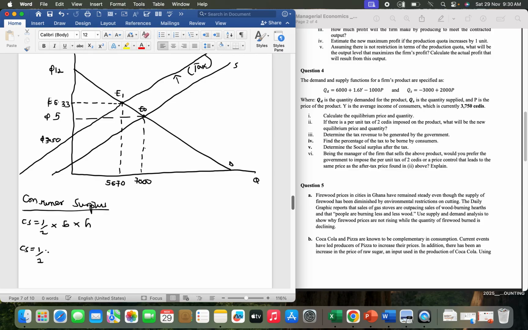After tax. So half times base. So the base, I'm going to use this one, the 5670. So why am I using the 5670 but not the 7,000? The question is dealing with what? After what? Tax. Assuming it was before tax, I would have picked the 7,000. But since it's after tax, that's why I'm using the 5,670.